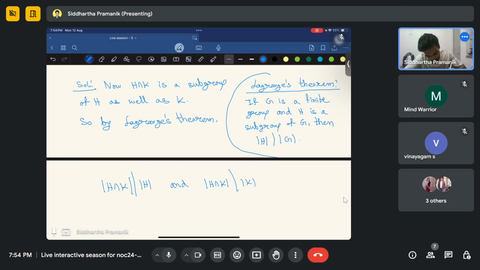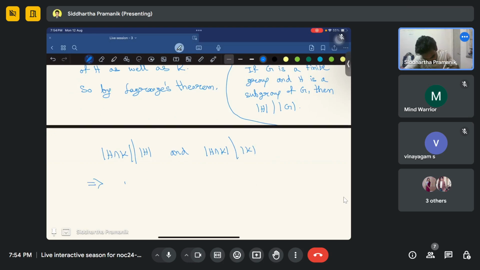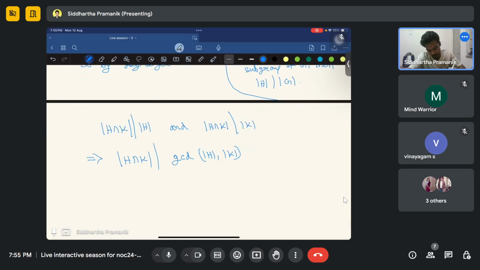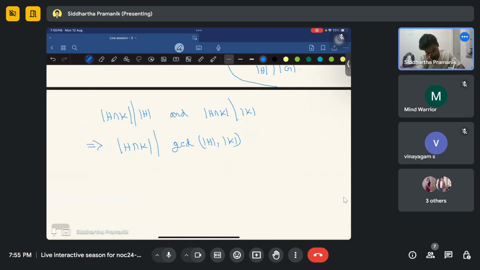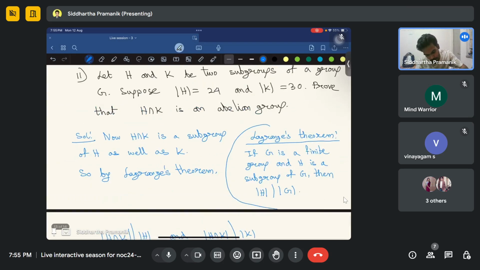Okay. So this implies the order of H intersection K must divide the GCD of the order of H and the order of K. But what is the GCD of the order of H and the order of K? So it is the GCD of 24 and 30, right?